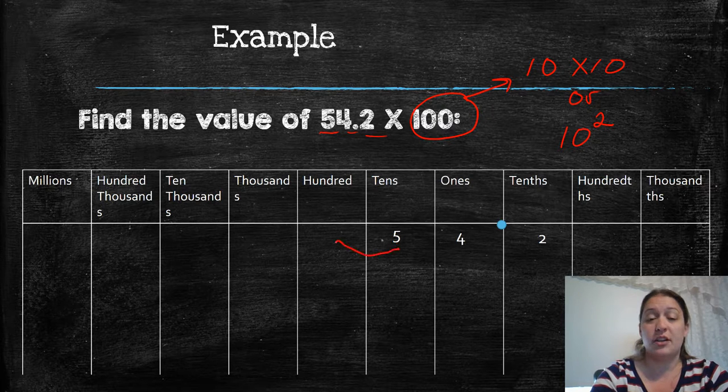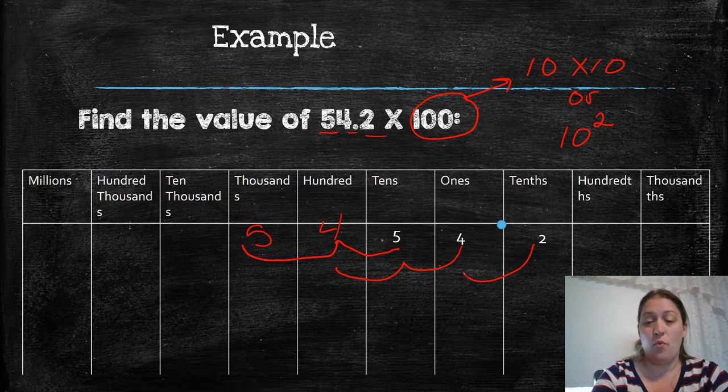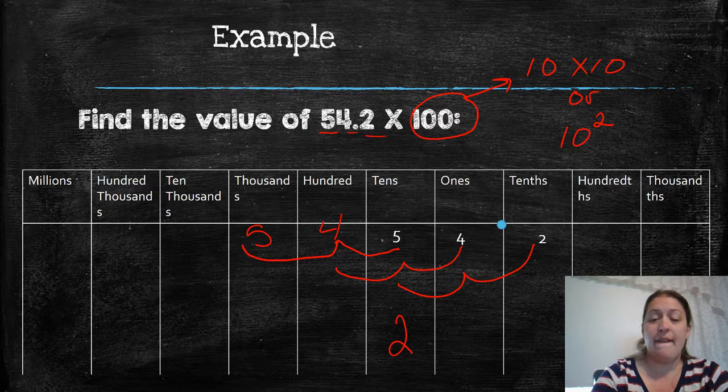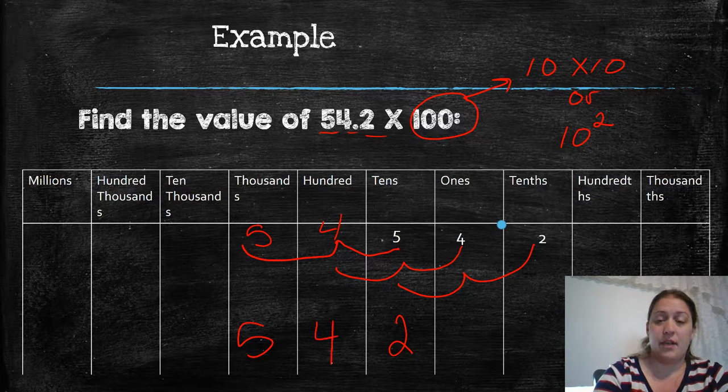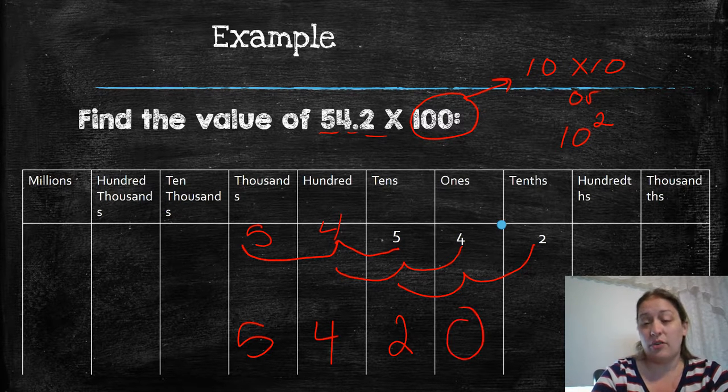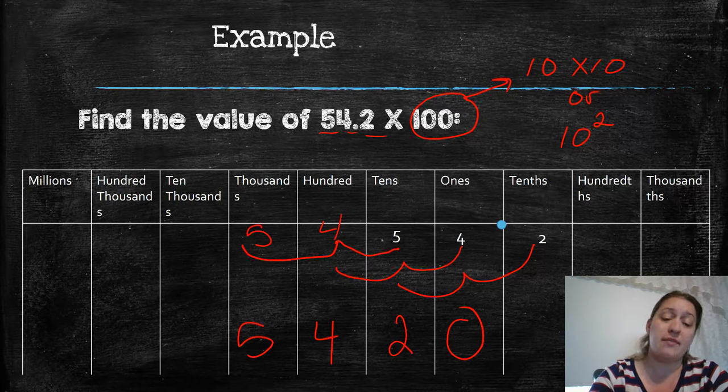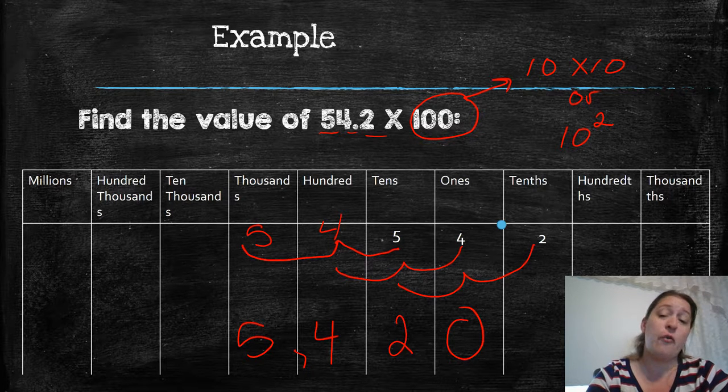So our 10 is going to go here, 1, 2 here, 1, 2 here. But we need to put in our added 0 here because it's going to be an empty column, so that automatically means we have a 0. So this winds up showing me that it's 5,420.